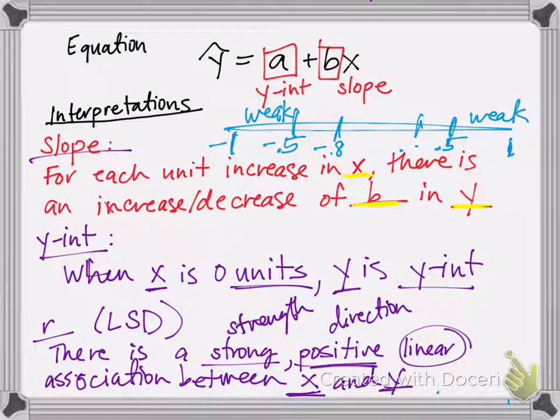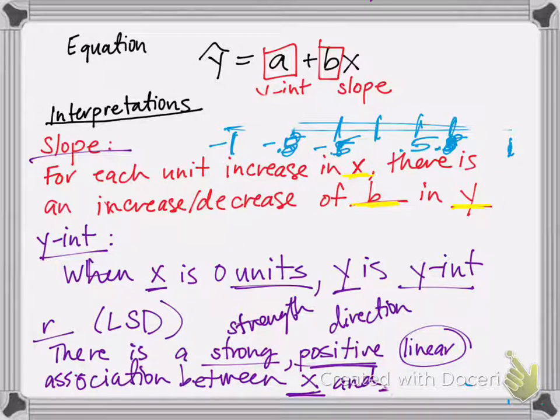Wait, I've got this mixed up. Yeah, I'm getting this backwards. So anything from -0.5 to 0.5 is weak. Anything from 0.5 to 0.8 is considered moderate.